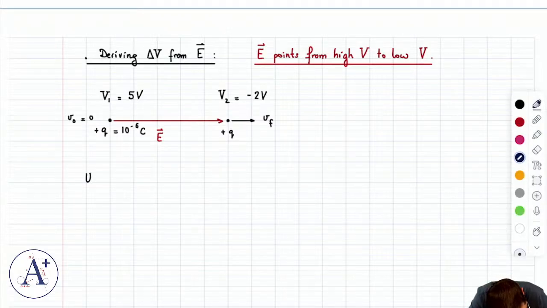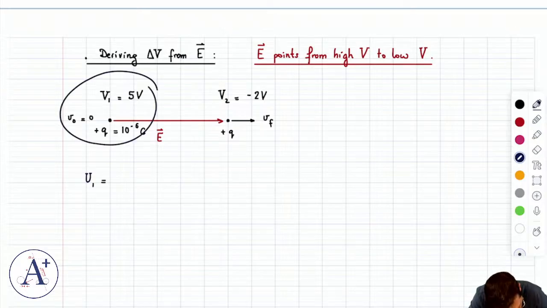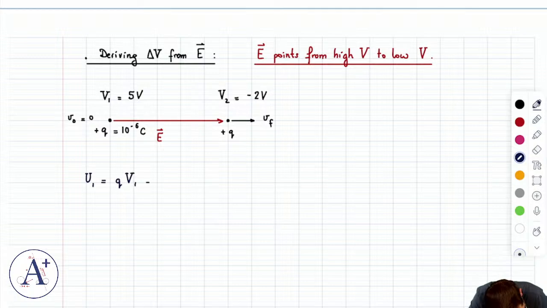Well then U1, the electric potential energy initially here, is going to be Q times V1. So that's 5 times 10 to negative 6. So that's 5 microjoules. U2, the electric potential energy here, is going to be Q V2. That's going to be minus 2 microjoules.